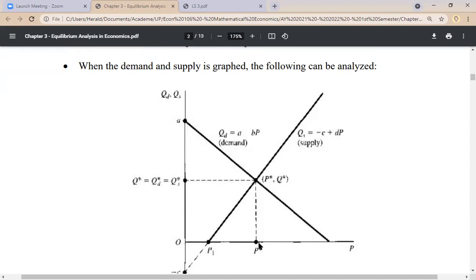For a shortage, the price is below the equilibrium price. So what will happen? It will move back to the equilibrium state. In our study for now, because we're dealing mostly with static analysis, we'll just look at it at one point in time.